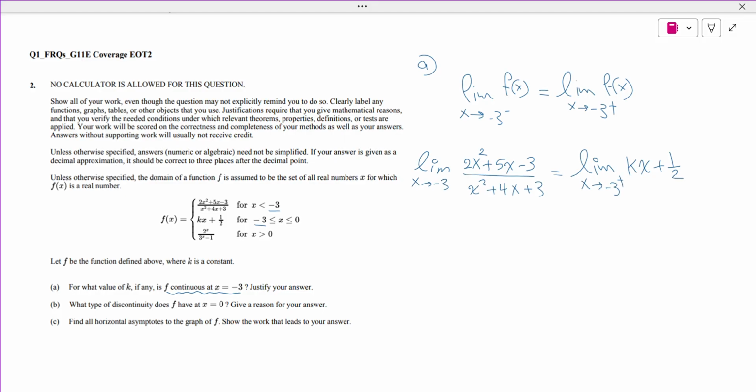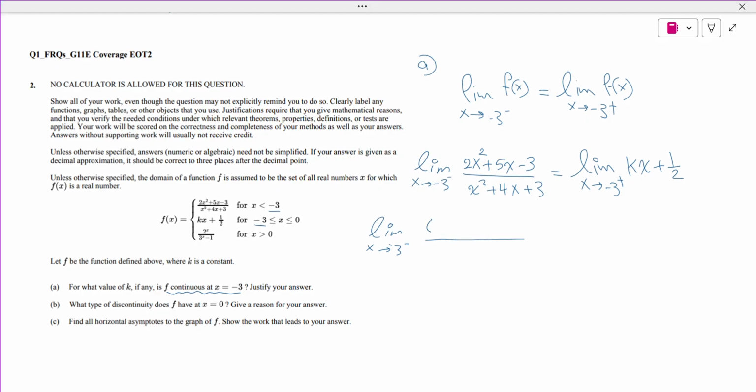Now, if you look at the left-sided limit and you substitute the minus 3, you are going to get 0 over 0. So you need to manipulate the limit so that it's not 0 over 0 anymore. Both of them are quadratic, so we can use factoring here. So the limit as x approaches minus 3 from the left.